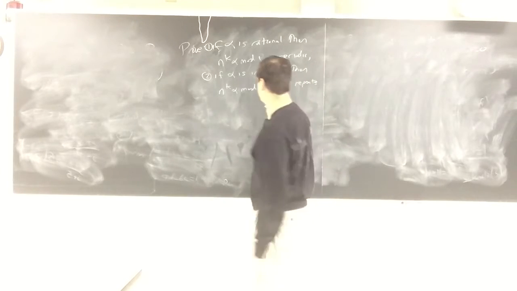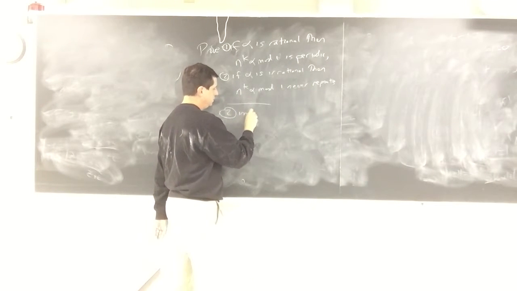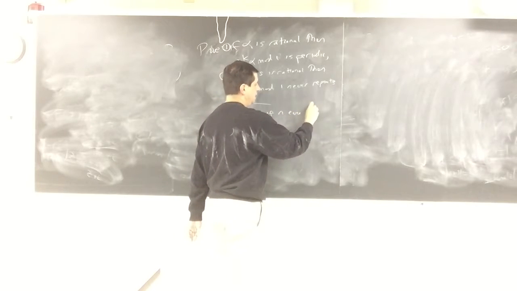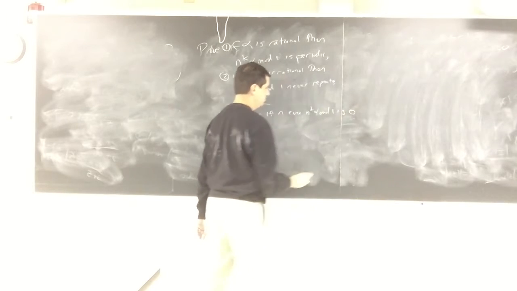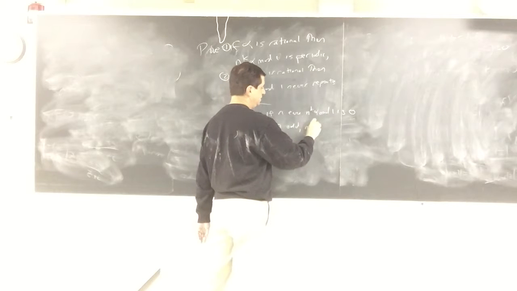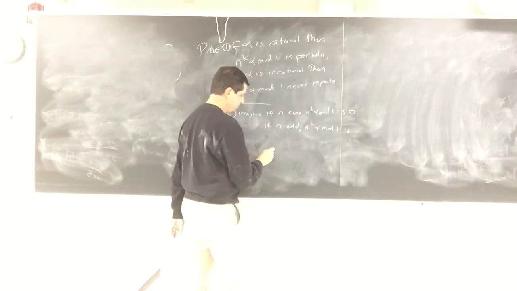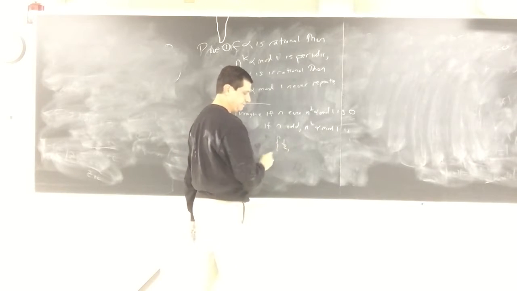So for instance, imagine, for 2, if n is even, n to the k alpha mod 1 is 0. If n is odd, the first time it will be 1/2.